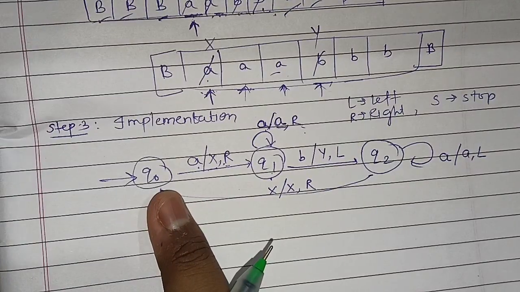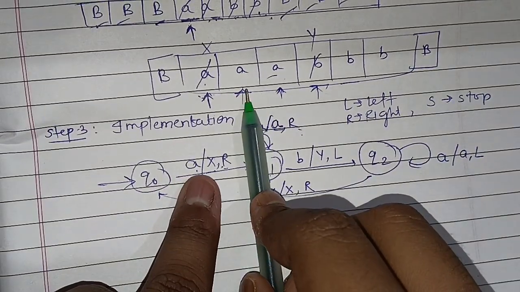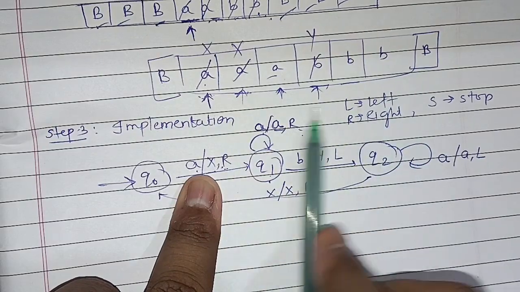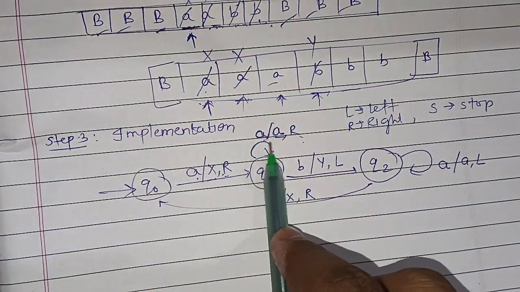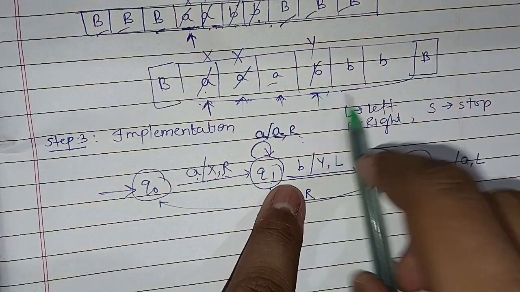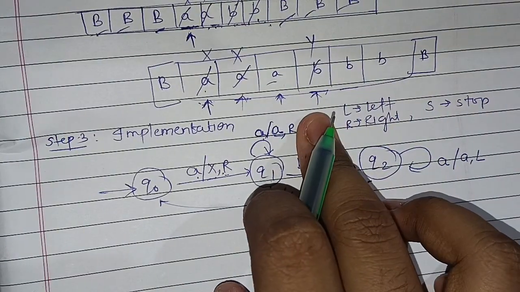Okay, now see, again a is x, make it x and move right. You have got a. According to this, we have to again go here, and now see, we have come to y.